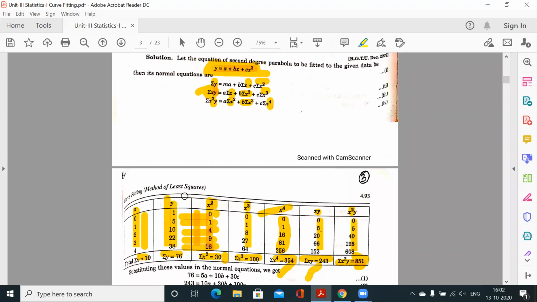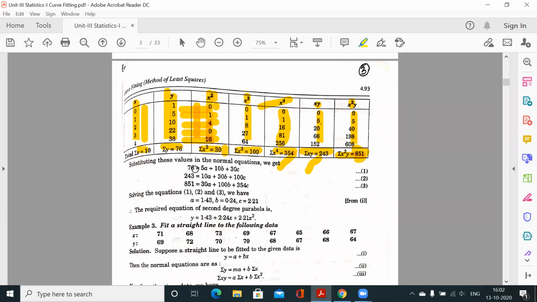Now substitute these summations in the normal equations. So summation y. n is the number of data points, so 5 points are given, 0 1 2 3 4, so 5 points are there. Next, summation x b, summation x square c, so summation x square is 30. Next, summation x dot y is 243.